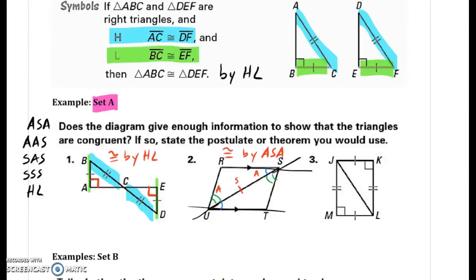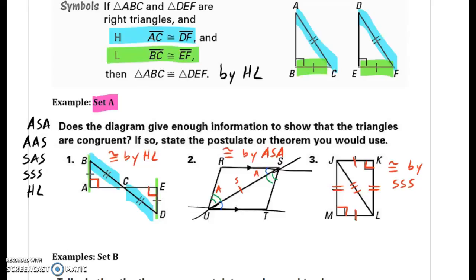And now number 3, a lot is given. We know it's a right triangle, therefore hypotenuse, leg can be used. We know this side is congruent to this one, and this one's congruent to this one, and that they share a side. So you have options. Therefore we can say it is congruent by side, side, side.